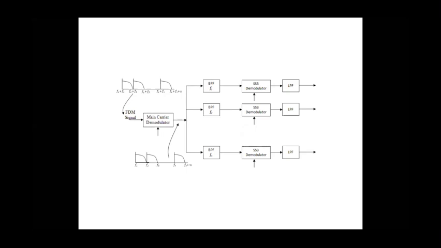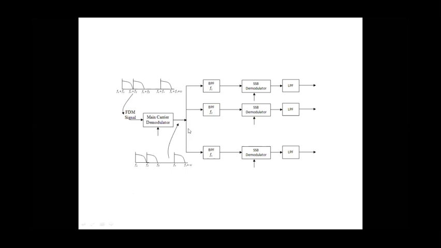Here we can use coherent detection to demodulate this. So after demodulation, we have the demodulated signal, which is a frequency division multiplexed signal ranging from F1 to Fn plus W hertz.